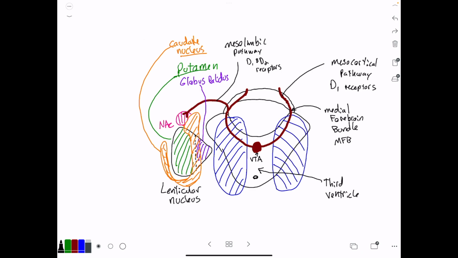The neurons in the ventral tegmental area have their cell bodies in this area in the midbrain. And their long processes, their axons, extend, in the case of the mesocortical, into the cortex, right? So we're going out anteriorly here, and when I curve up here and come back, this is going more superior.